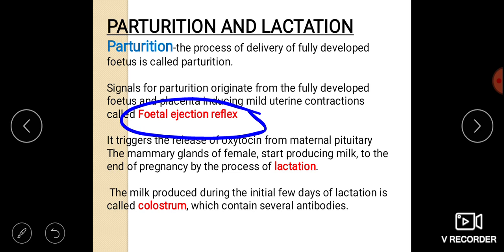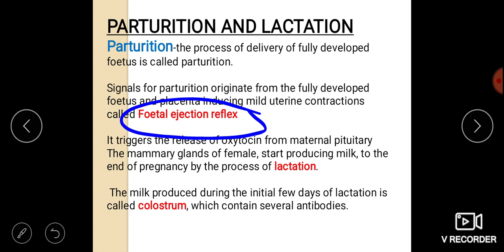Relaxin, I have already told you, is also being released. As a result, oxytocin from the posterior lobe of the pituitary gland is also being released, which causes the contraction of the muscles of the uterus and helps in propelling the baby from the body.